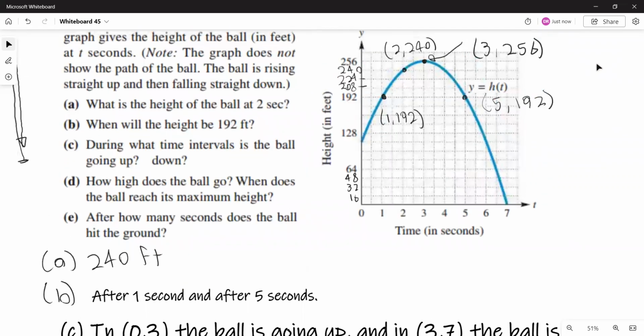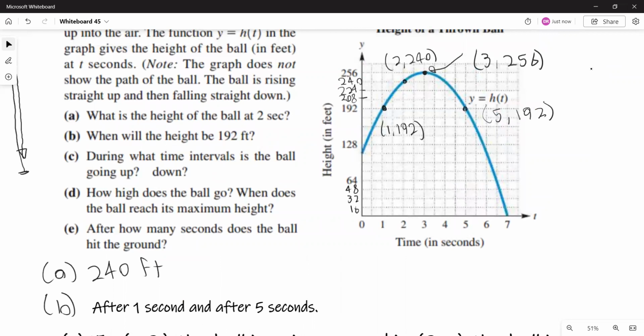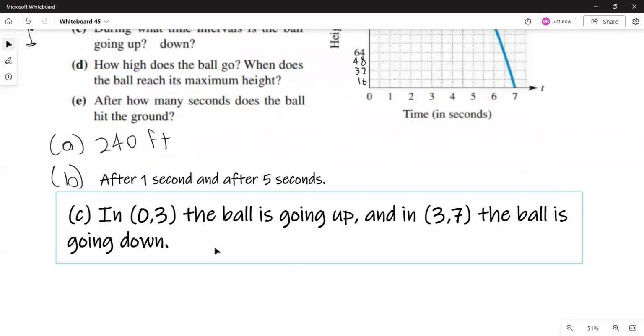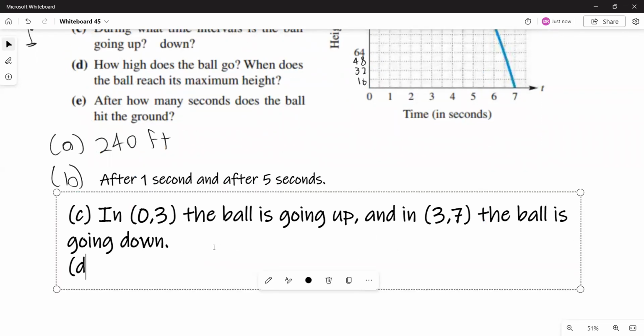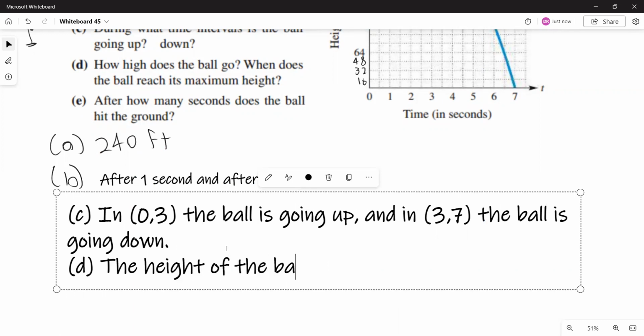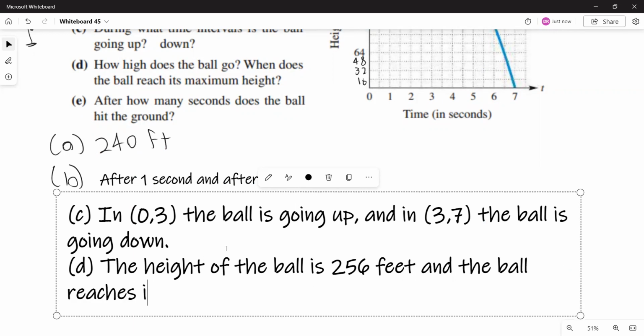So we can see that the turning point occurs at (3, 256). So the maximum height is going to be 256 feet, and the ball reaches its maximum height after 3 seconds.